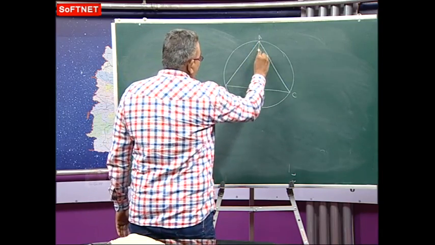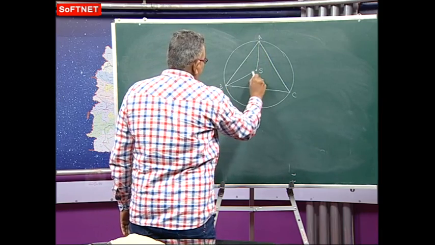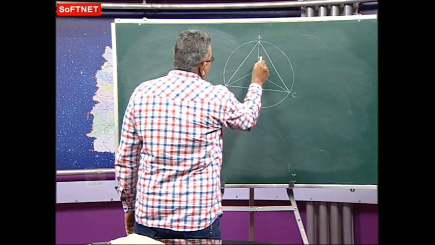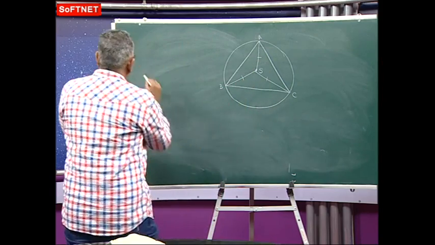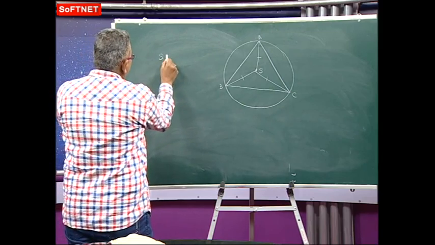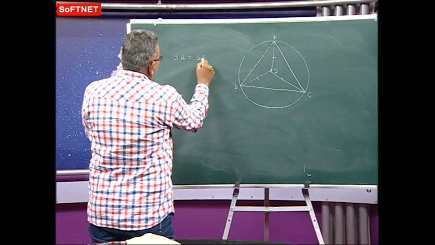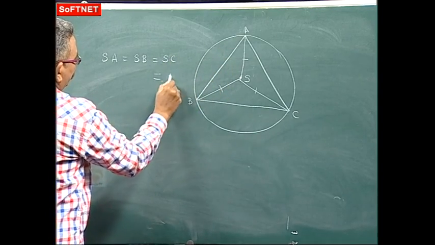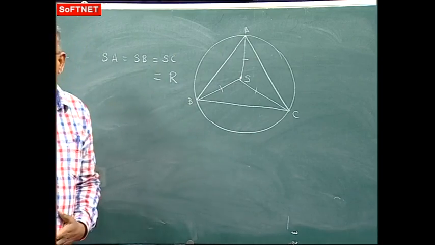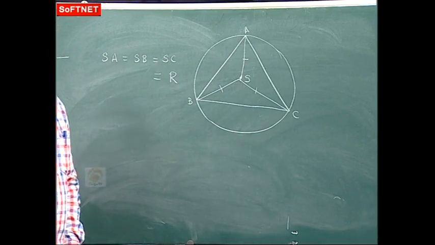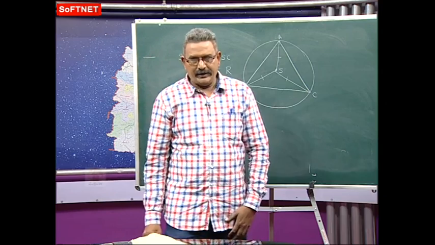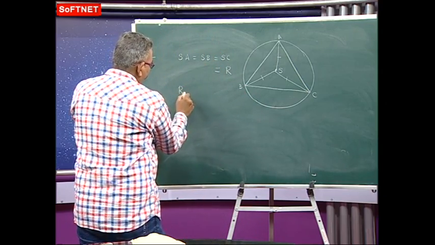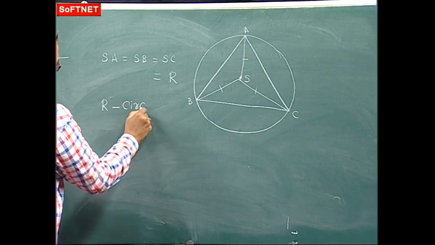Join SA, SB and SC. Hereafter SA is equal to SB is equal to SC, say that is R, where capital R is known as the circumradius. So here R is called the circumradius.